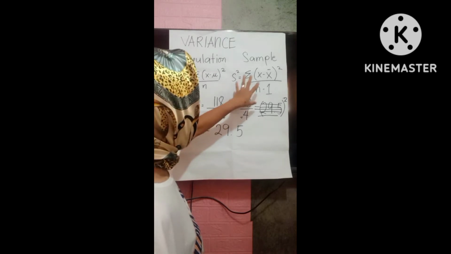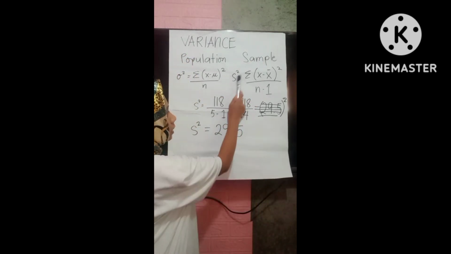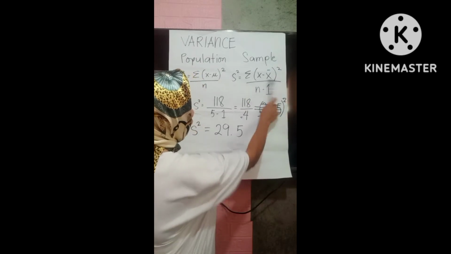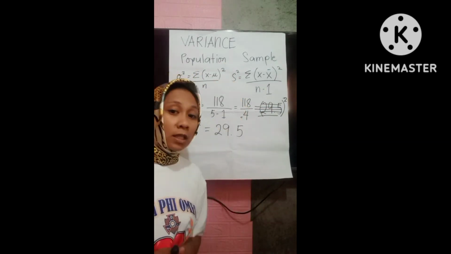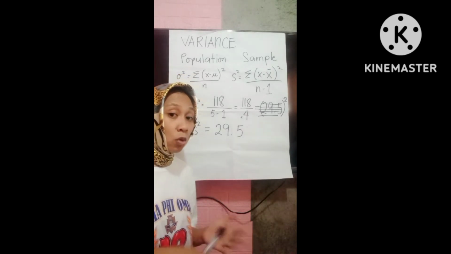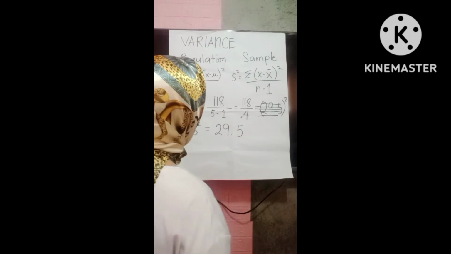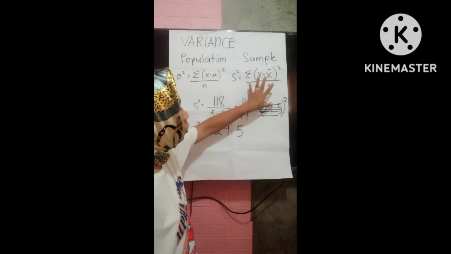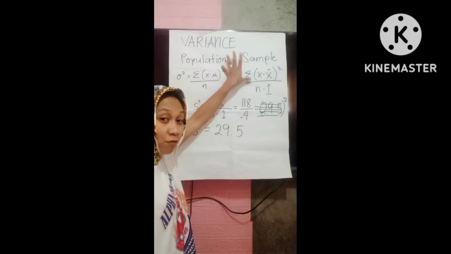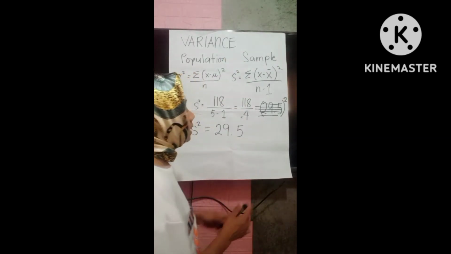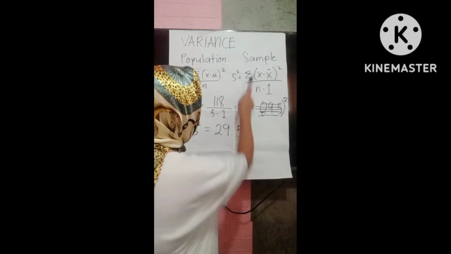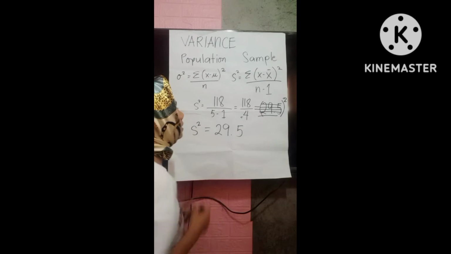For the sample variance, s squared equals the summation of x minus x bar raised to the power of 2 over n minus 1. Here we take the square of the standard deviation. This is the formula we will use, because we are looking for the sample data.